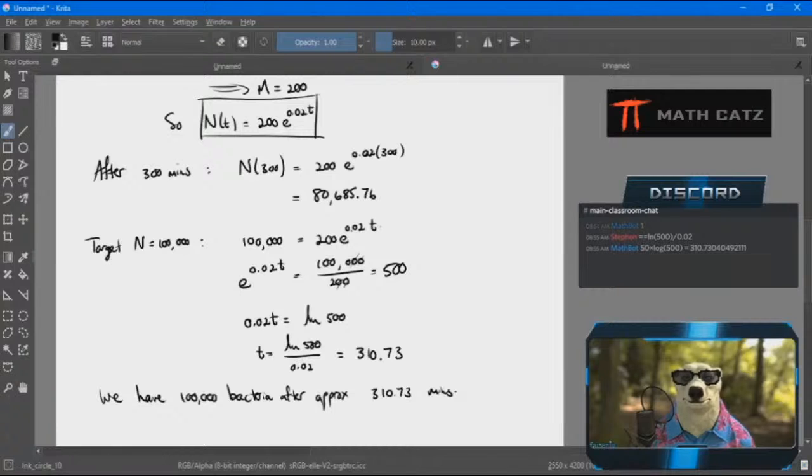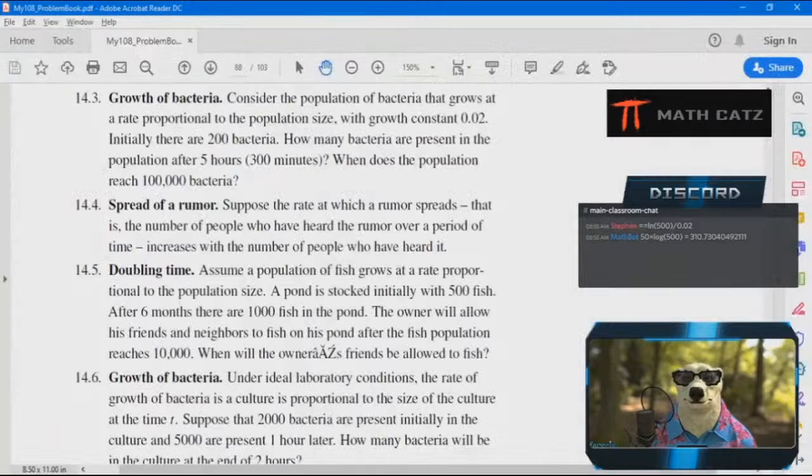So the point here is we have a question that's answered really in two parts always. The first part is translating the key information about how the population grows, and for our purposes, it's always going to be at a rate proportional to the population size. That translates to a differential equation.